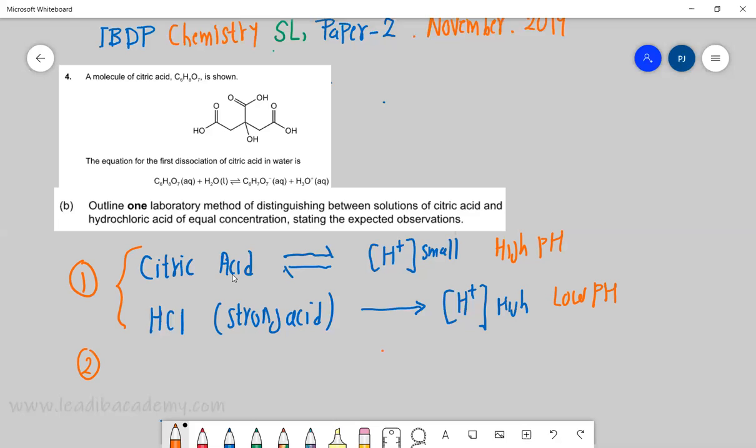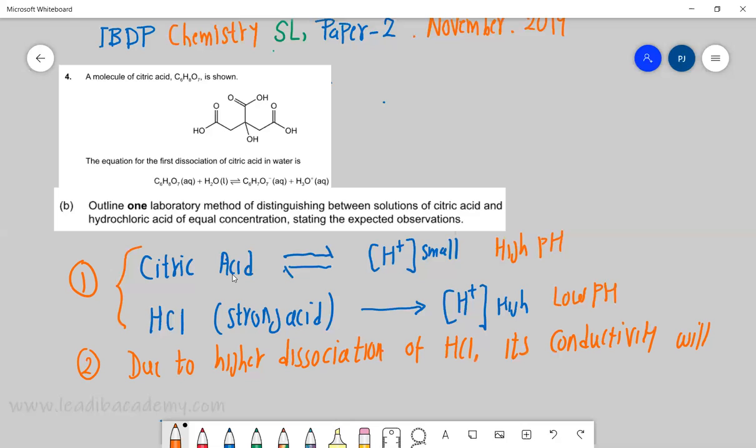Then second point could be, due to higher dissociation of HCl, its conductivity will be high. Okay, simple. It will be much higher as compared to citric acid.